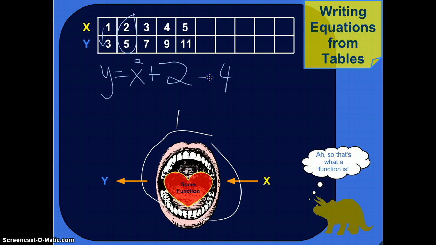Let's try something else. If not plus, maybe, if 1 is becoming a 3 here, maybe it's just y equals x times 3. y equals 3x.